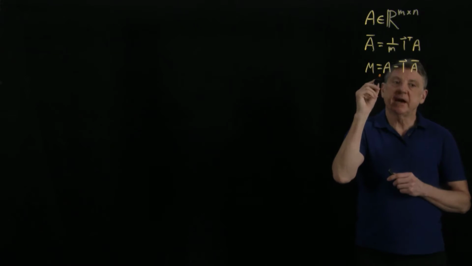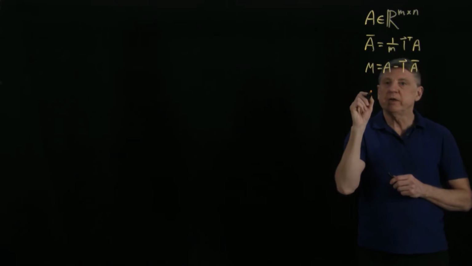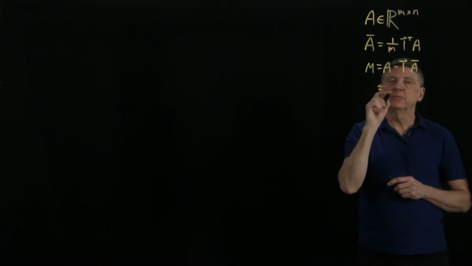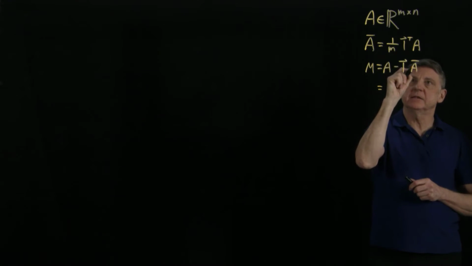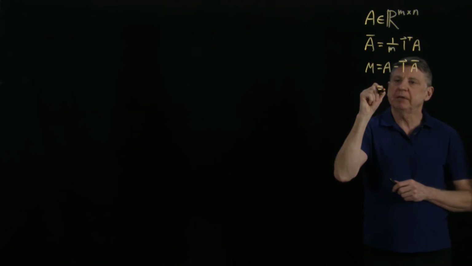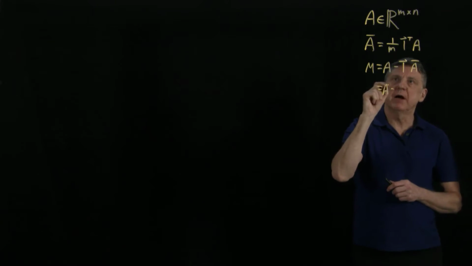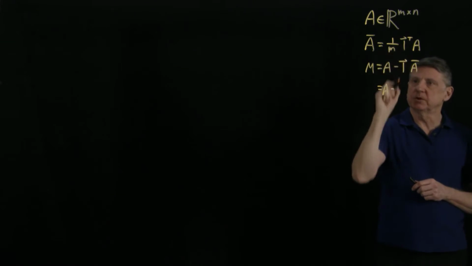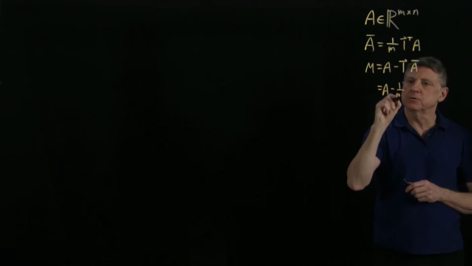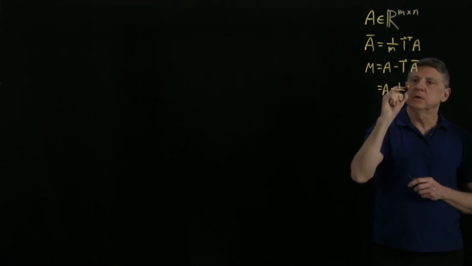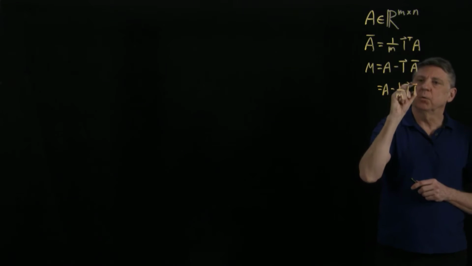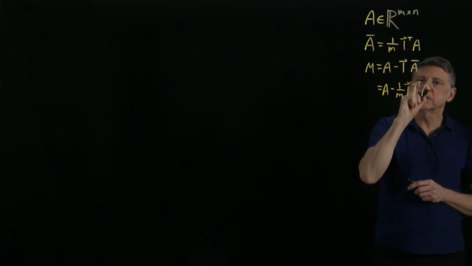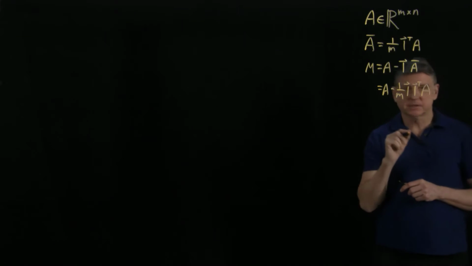Well, we can now factor this. So we can write that. If we want to factor this out, first thing is let's expand this term. So that will be a minus, and then I'll pull this out first. That'll be 1 over m times the ones vector times the ones vector transpose times our data matrix.